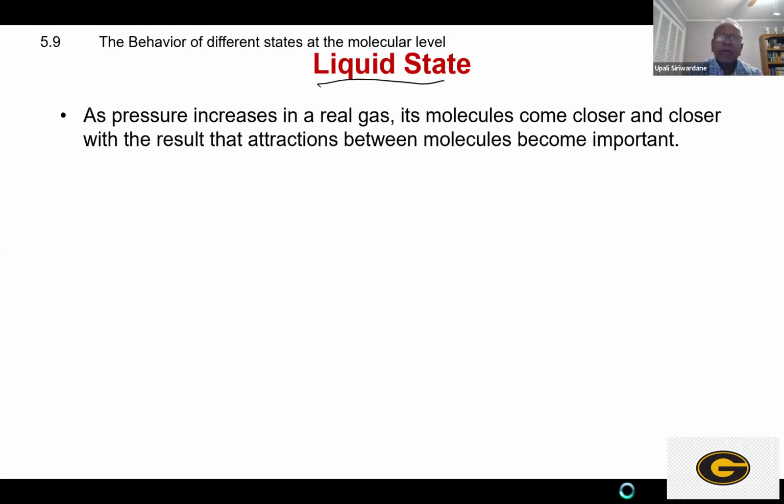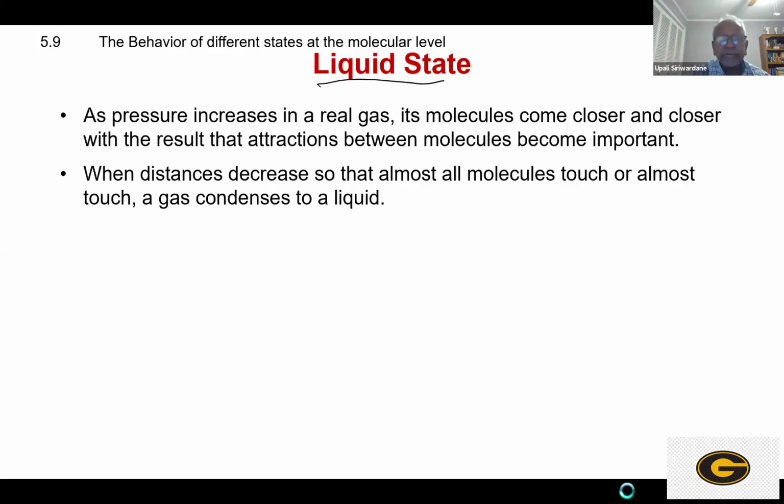Therefore, they can get attracted through intermolecular forces, either hydrogen bonding, dipole, or London dispersion force. When distance decreases from pressure increase or temperature decrease, this attraction can take place.